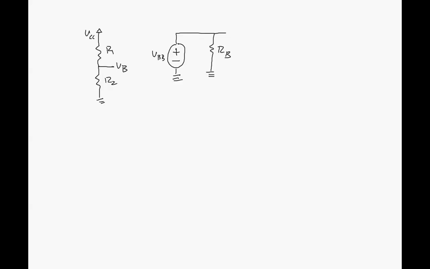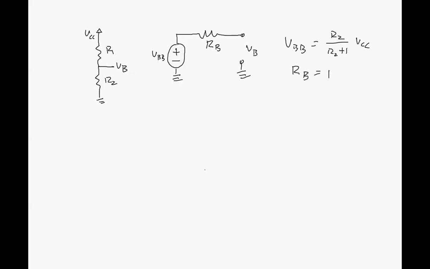Well, no, let's see. I don't want to draw it quite like that, do I? I'll draw it as a Thevenin. Now we have a voltage here, VB. I draw in ground. We have VB, and we have RB. And VBB is equal to R2 over R2 plus R1 times VCC, and RB is equal to R1 in parallel with R2. That would be the Thevenin equivalent.